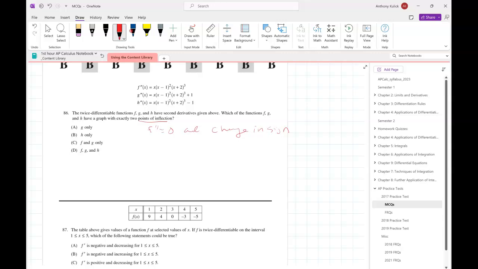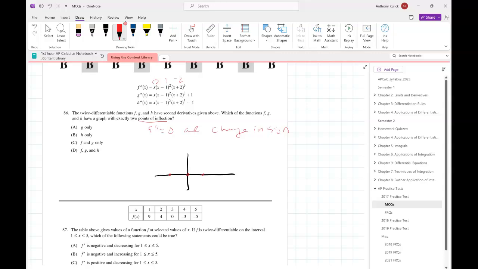So you could graph the first one without doing anything on your calculator, because I know I have an x-intercept at 0, an x-intercept at 1, and an x-intercept at -2, right? This function is a degree 6, so it's an even function with a positive leading coefficient.